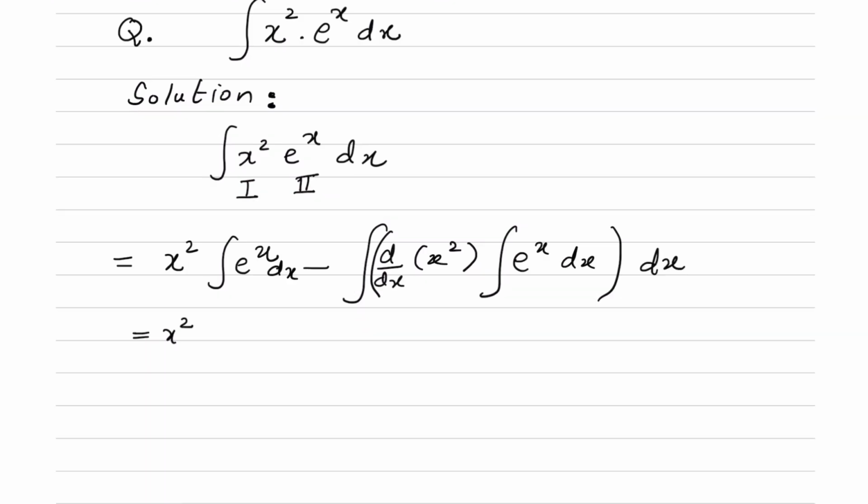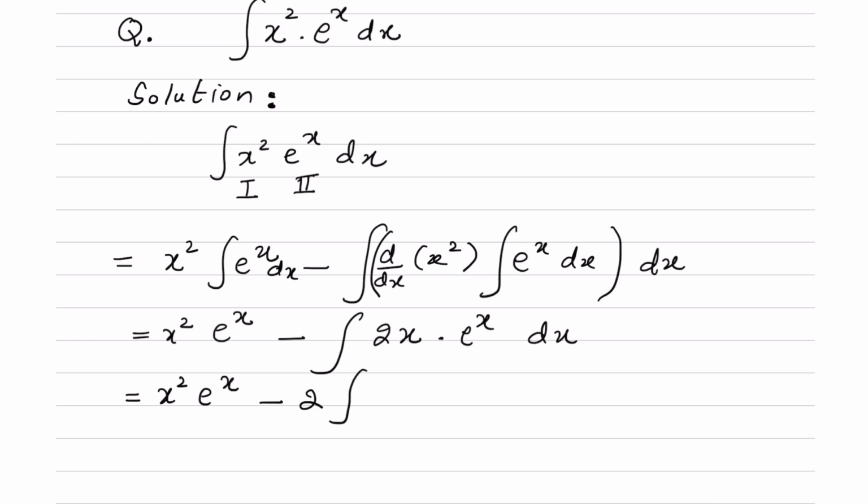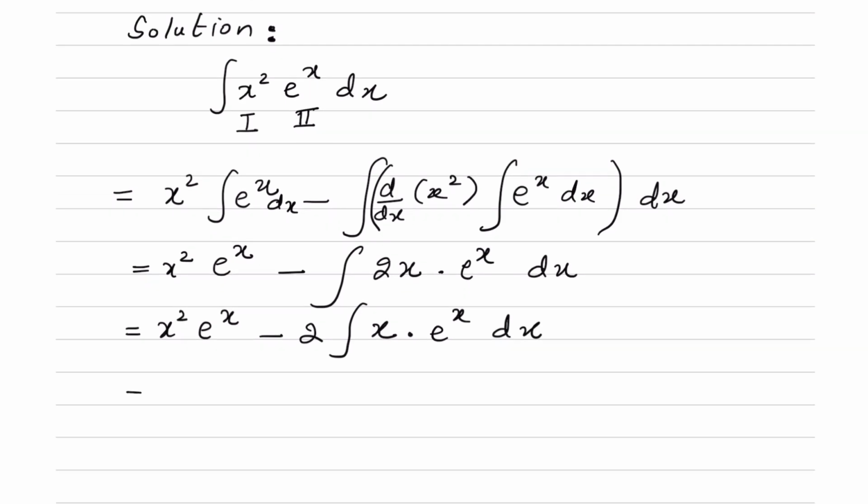X square as it is, integral of e power x is just e power x, minus the derivative of x square, which is 2x, into the integral of e power x, which is e power x, and integrate it once again. X square e power x minus, we take 2 out because it's a constant, integral of x into e power x dx.